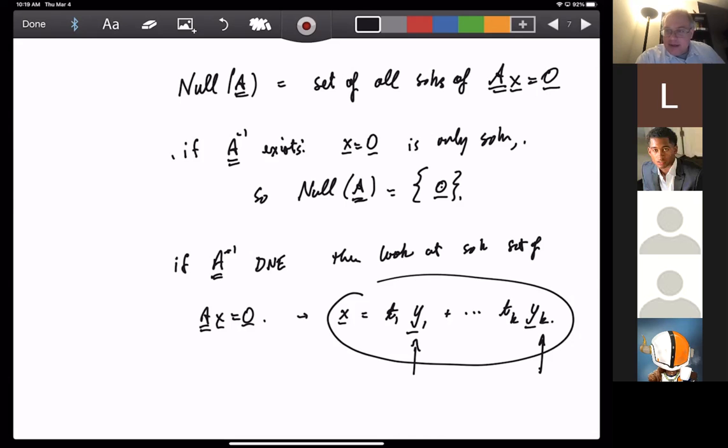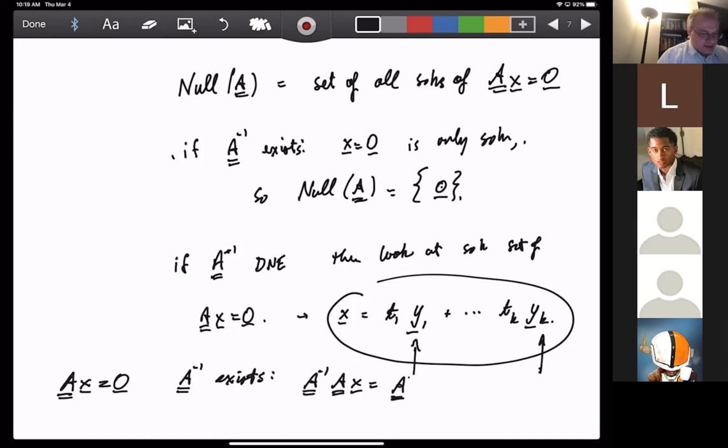So another thing that came in from the comments. Did we prove that if the inverse exists, then x equals 0 is the only solution? Yes, we talked about that. So if Ax is equal to the 0 vector and A inverse exists, then we can left multiply by A inverse. A inverse times A is the identity matrix.